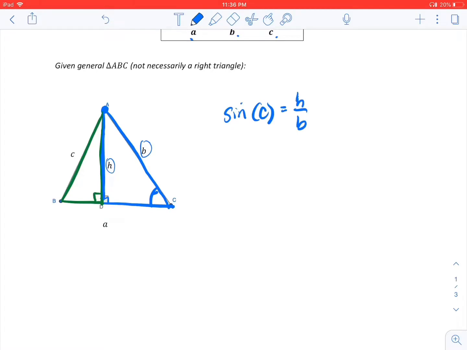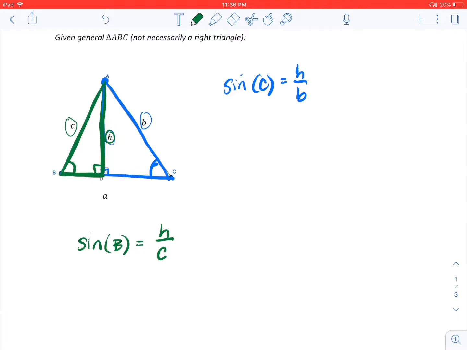Let's do a similar thing with the green triangle. The sine of angle B is the opposite side, which happens to be h as well, over the hypotenuse of the green right triangle, h over c.